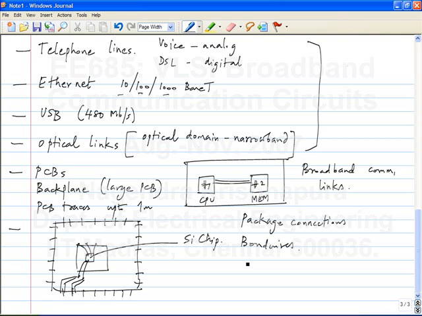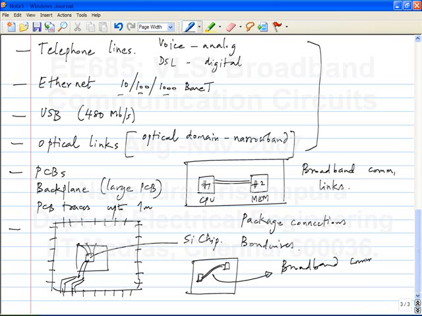And on top of it, you can have a single chip with two different parts, and you have to transmit data from one part to the other. Even there, it's the same thing. Everything is scaled down in size, that's all. The wire is much shorter, but it's also much thinner, okay? So you will have the same kind of issues. So a link between two parts of the chip also classifies as a broadband communication link.